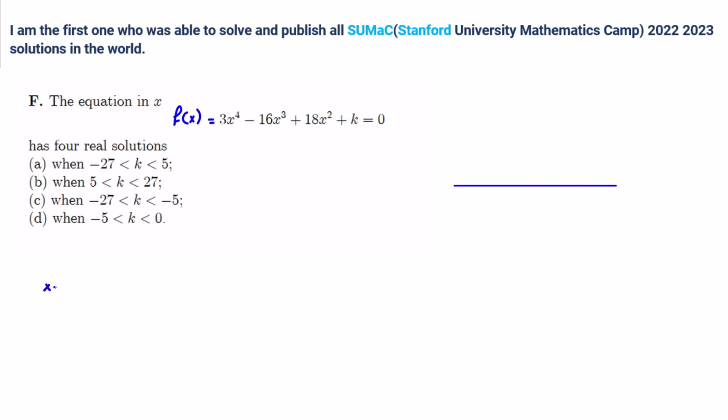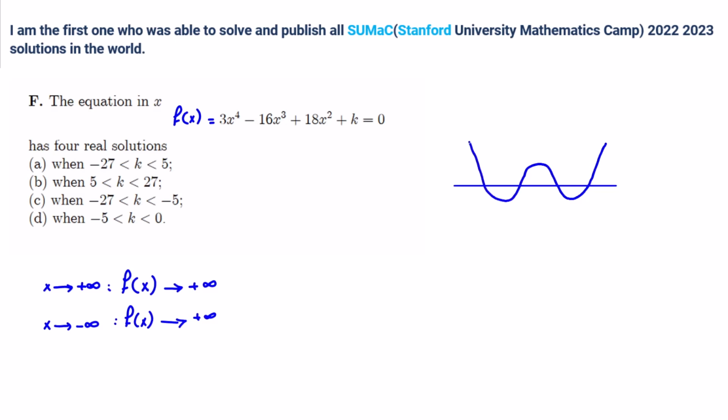If x approaches positive infinity, f of x approaches positive infinity. If x approaches negative infinity, f of x still approaches positive infinity. So probably we have some function like this, right?